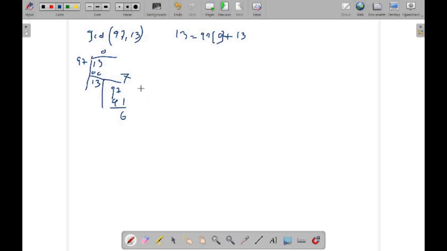So this stage we can represent 97 as 13 into 7 plus 6, using the remainder of the previous stage.